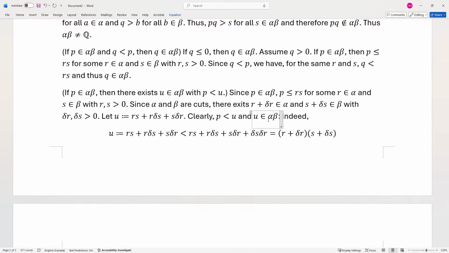Okay, so what we're trying to do here, once again, is to show that alpha times beta has no greatest element. So you pick an arbitrary element in there, and you show that there's something bigger than that.